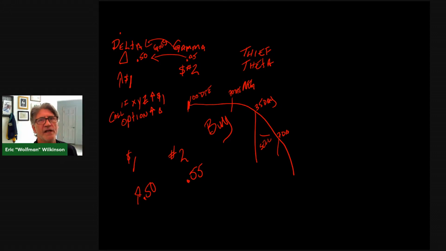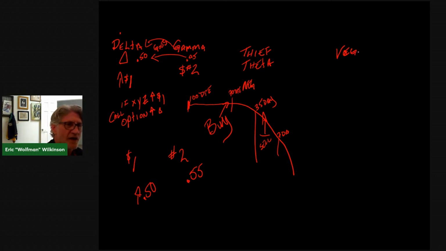Just outside of 70 days to expiration is the sweet spot for buying. Doesn't mean you can't go further out. It just means that theta is going to be less aggressive further out. So the sell zone is inside of 35 days to expiration, buy zone outside of 70 days to expiration. Limit the theta decay when we're buying, and volatility.